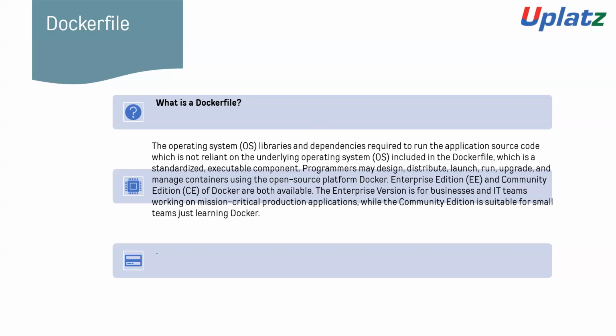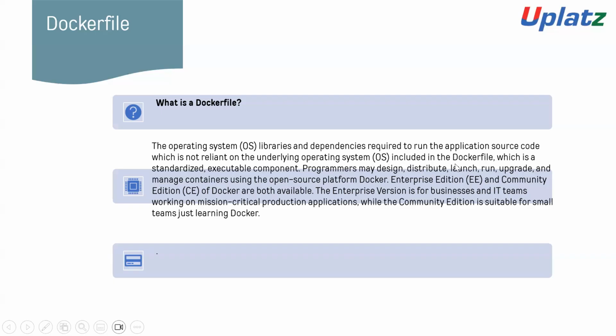It's a very important topic for Docker tutorials. In a Dockerfile, the operating system libraries and dependencies are required to run the application source code. That's what the basic Docker image runtime will contain, which is not reliant on the underlying operating system, so it will have a minimal amount of OS to boot.